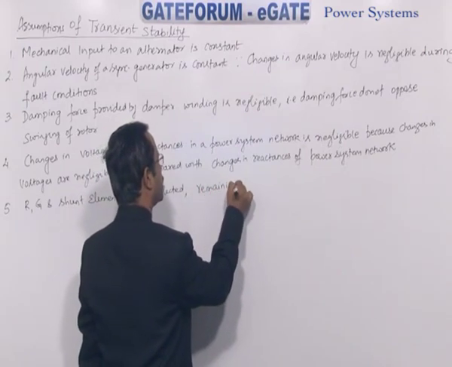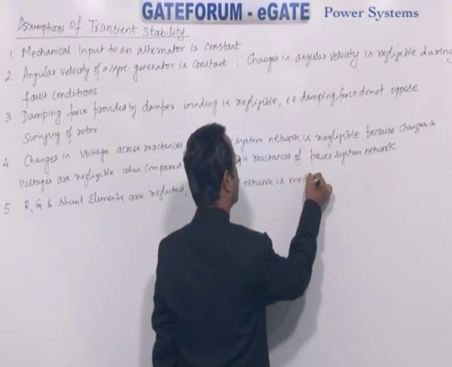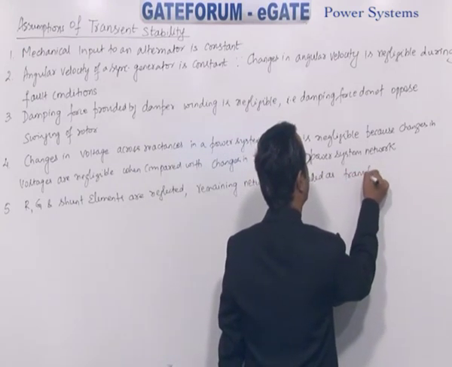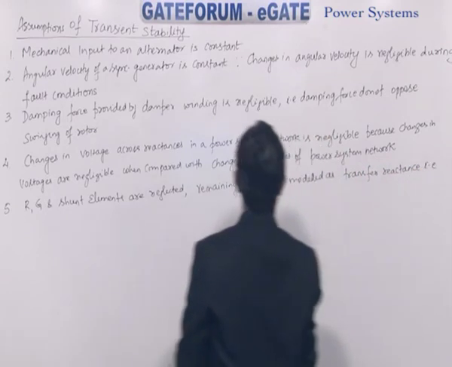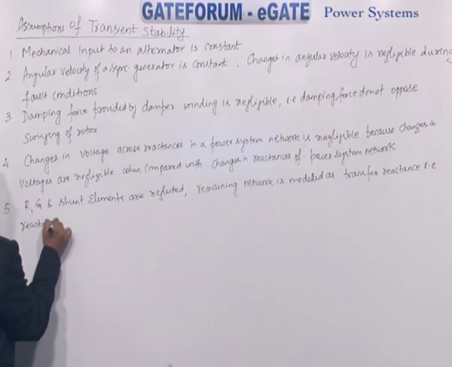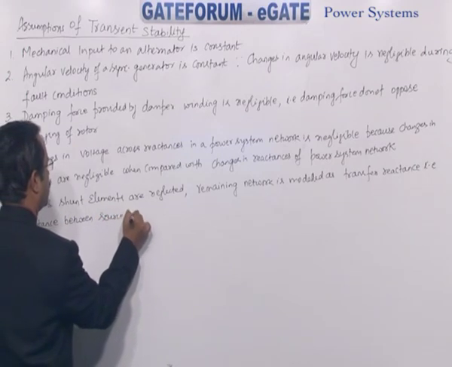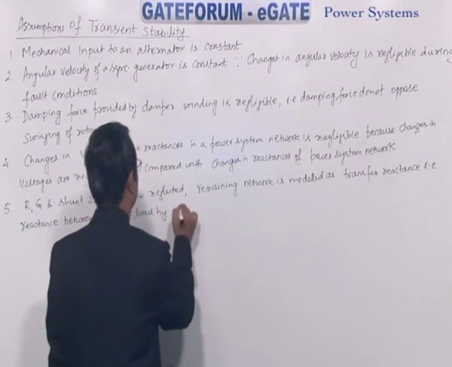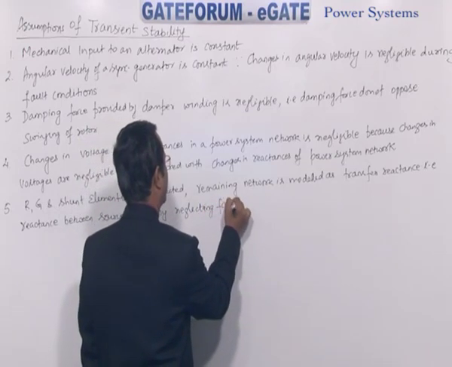And further, what do we say? The remaining network is modeled as the transfer reactance, that is, the reactance between source and load by neglecting the fault point.